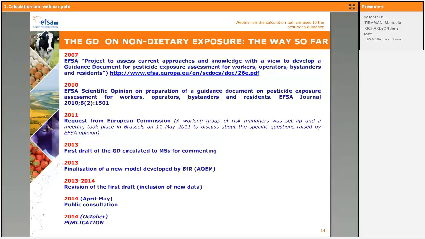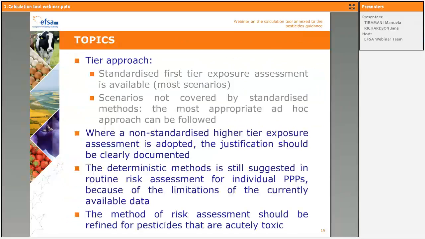And we revised the document, which was presented for public consultation last year for 6 weeks. And finally, last year in October, we published it together with the calculator. The guidance's main principles are related to a tiered approach.